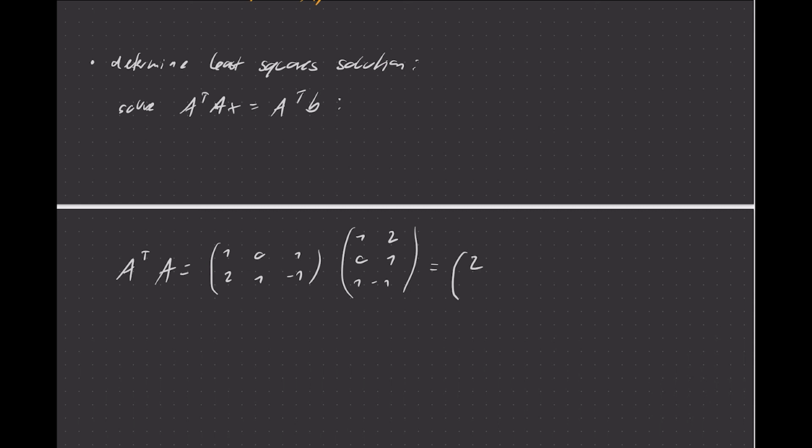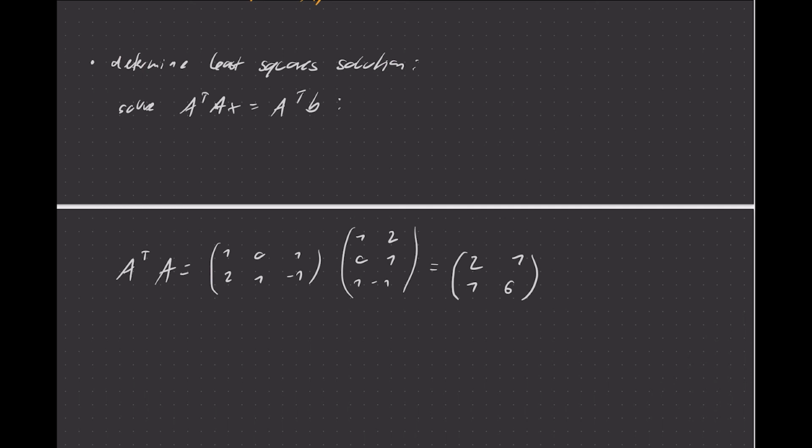Second row, first column is 2 minus 1, that's a 1. Then we get first row, second column, we get a 2 minus 1, that's a 1 again. And for the last entry, we get 4 plus 1 plus 1, that's a 6.